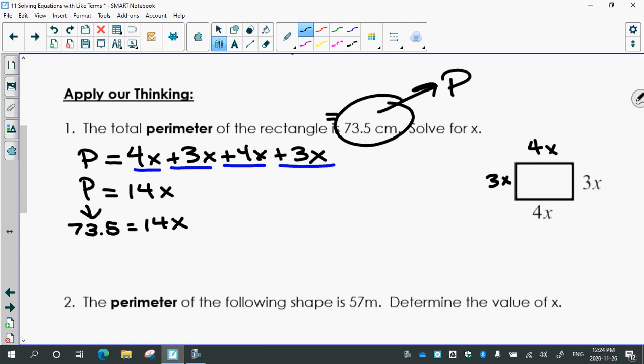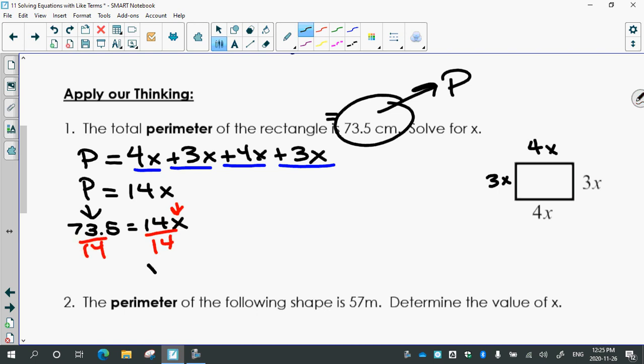So I can replace perimeter P with the number 73.5 because it tells me in the question that the perimeter is 73.5 centimeters. Okay? So now the side with x happens to be the right side. It's the bossy side, so it's 14 times x, and I want to undo multiplying by 14. So I'm going to divide by 14.